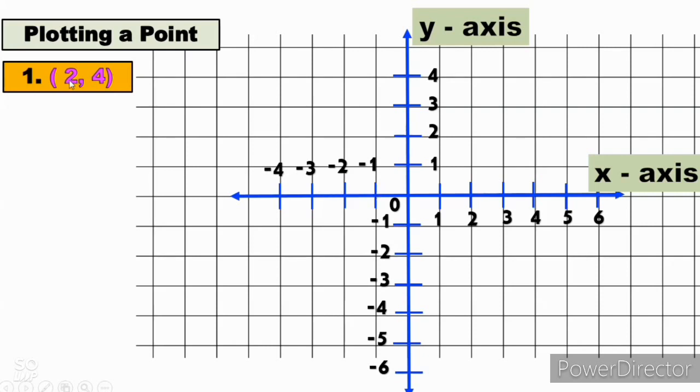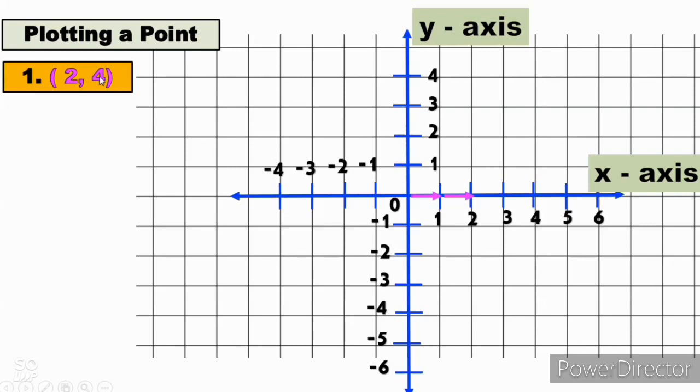Okay, so let's have the point positive 2, positive 4. So, the first coordinate, which is the x-coordinate, is 2, okay, positive 2. Therefore, from the center or from the origin, magka-count tayo ng 2 units papuntang right kasi positive. Positive ang x-coordinate, 1 and 2. Okay?